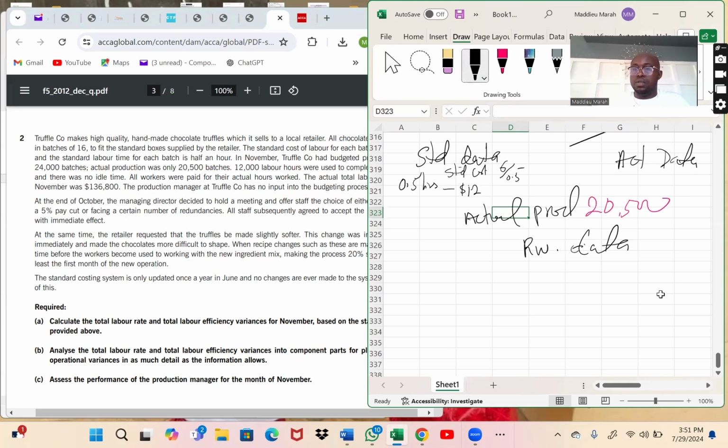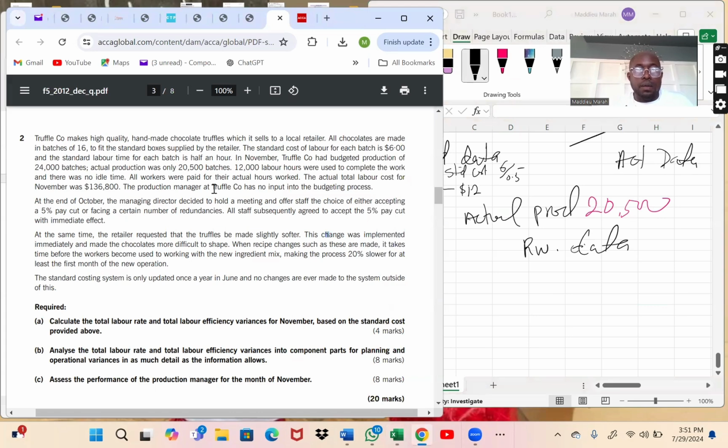Okay. So we continue. Actual production was only 2,500 batches. 12,000 labor hours were used to complete the work. So to make 2,500, we use how much? 12,000 labor hours. So our actual hours was 12,000.